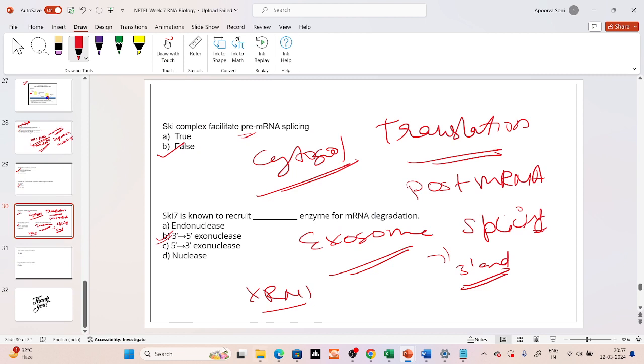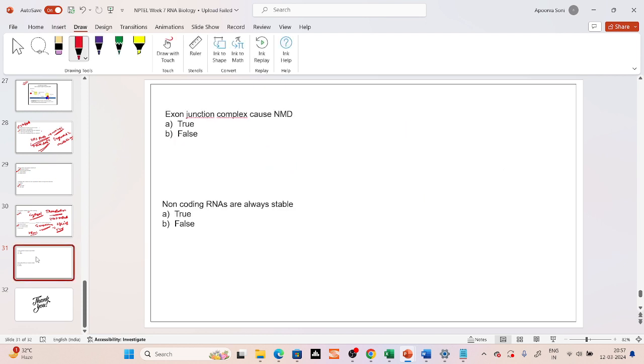Now see the next question. Exon junction complex causes nonsense mediated decay. True or false? Exon junction complex causes nonsense mediated decay.